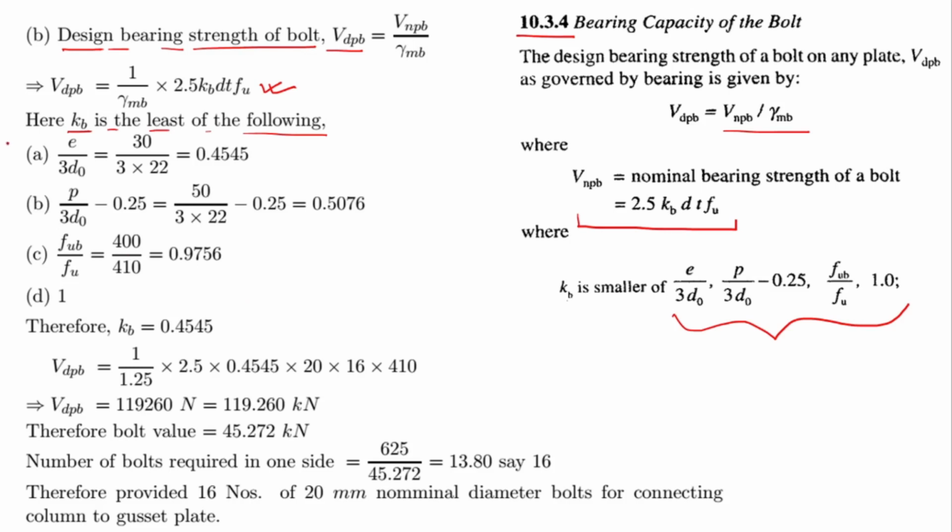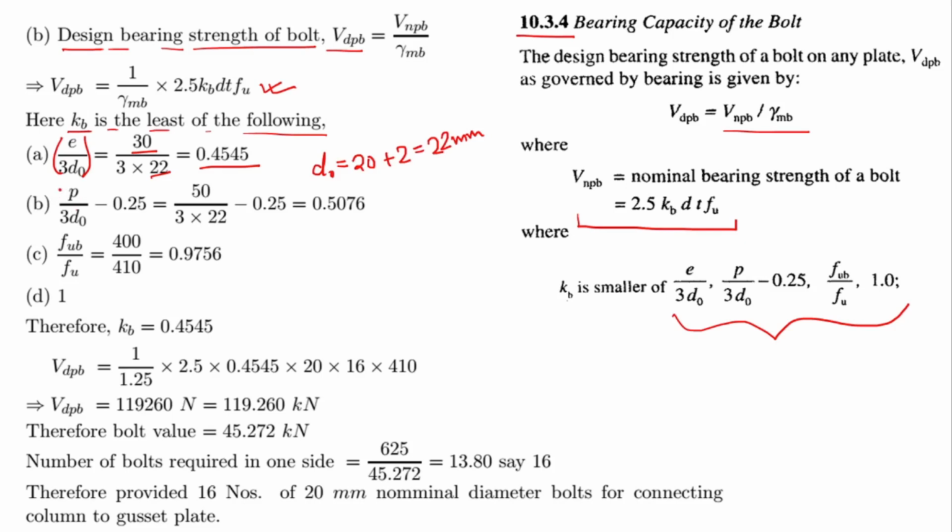First we shall calculate e by 3 d_0. e is the edge distance, which is 30. d_0 is the diameter of the bolt hole. The diameter of the bolt hole is 2 mm more than the nominal diameter of the bolt, which is 20 mm. So d_0 will be 22 mm. So e by 3 d_0 is calculated as 0.4545.